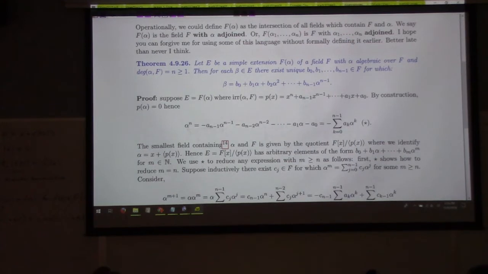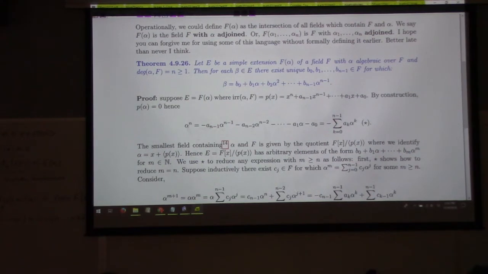So what is this saying? If you really look at what this theorem is saying, it's saying that if you have a simple extension by a degree n element, what you're looking at is something that is a vector space of dimension n over the base field, with basis 1, alpha, alpha squared, alpha cubed, up to alpha to the n minus 1.